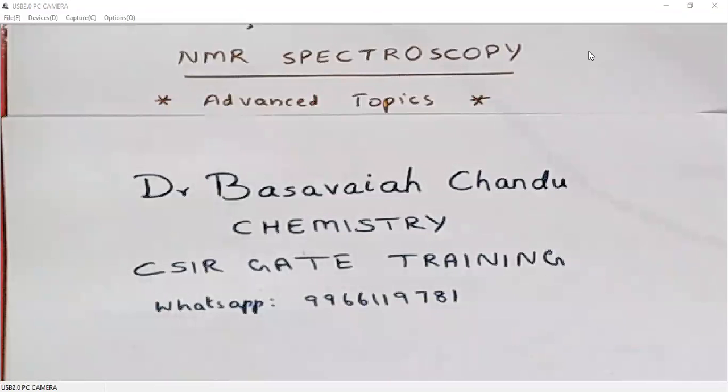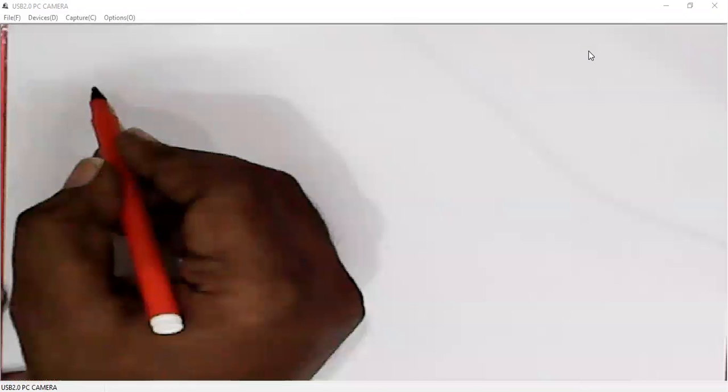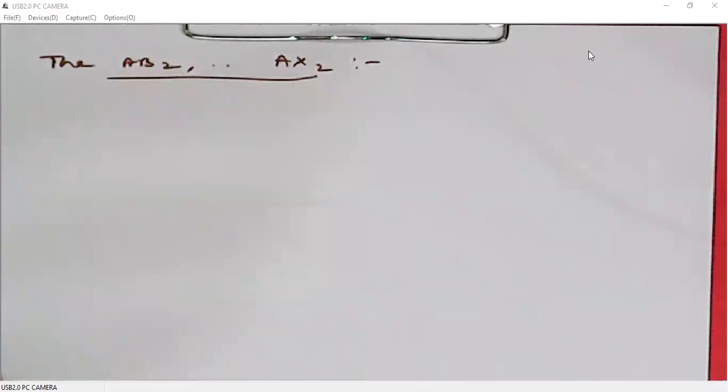We were discussing second order spectra as part of advanced topics. Now we will look at AB2, AX2 type systems. What is AB2 or AX2?